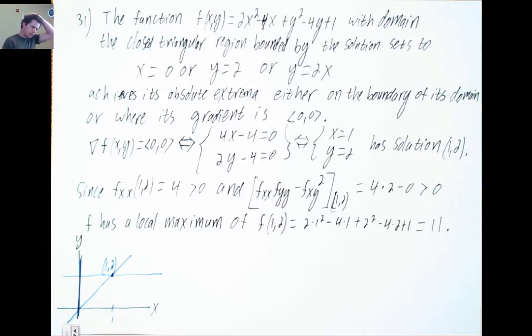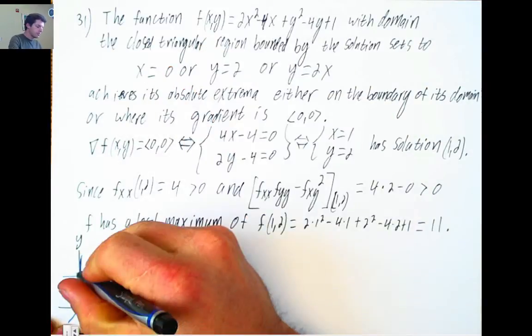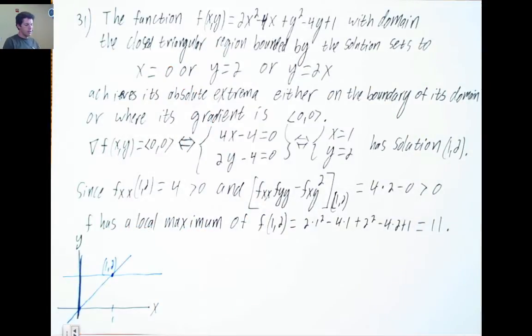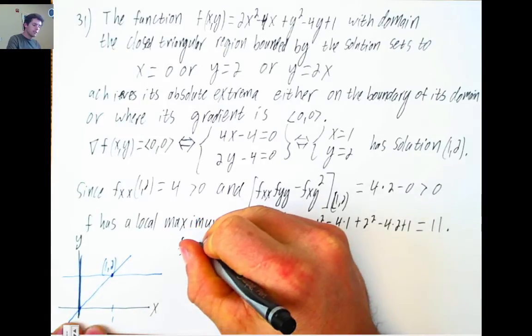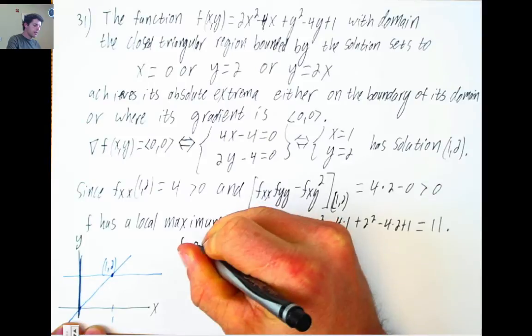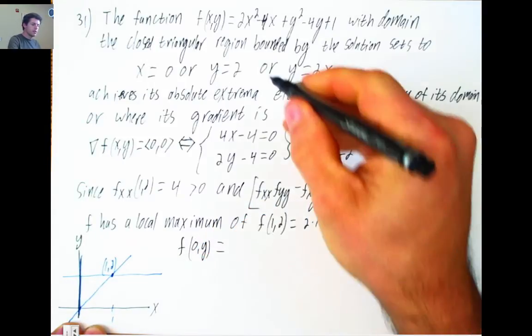Now, first of all, I would like to think about the behavior of this function along the line x is 0. So f of 0, y looks like this.